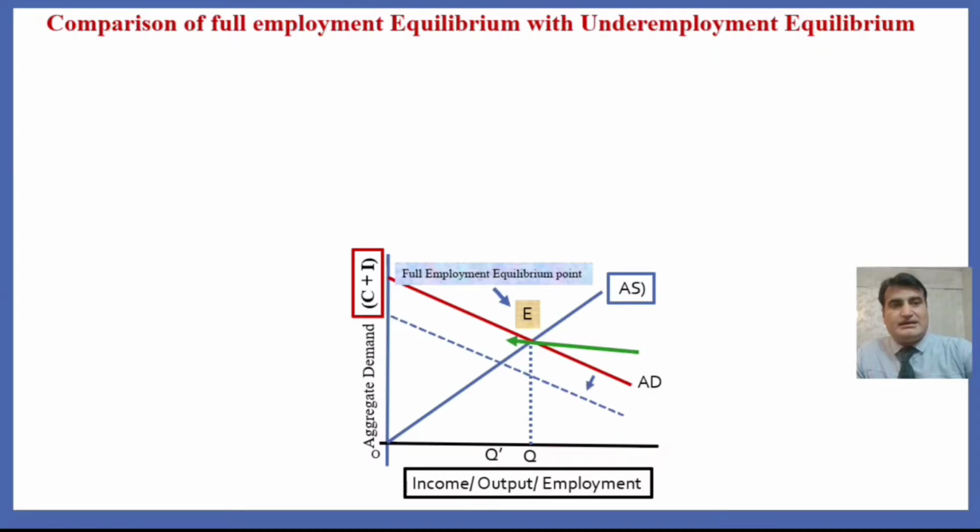Due to decrease in aggregate demand, the economy employs fewer workers. Employment has been reduced from OQ to OQ dash. E dash is the point of underemployment.